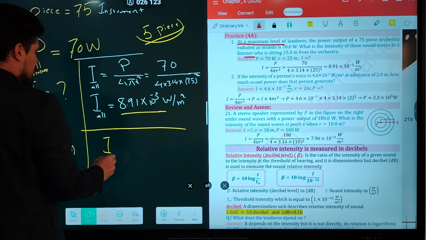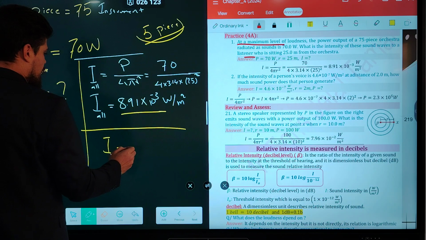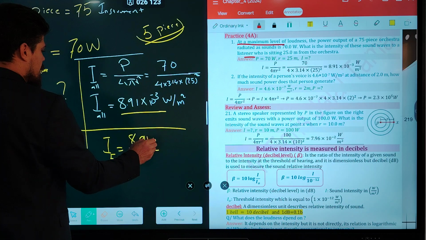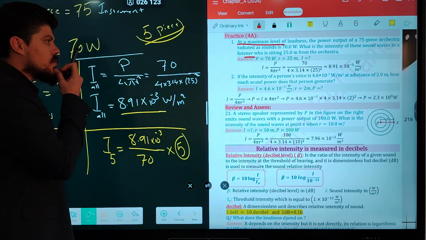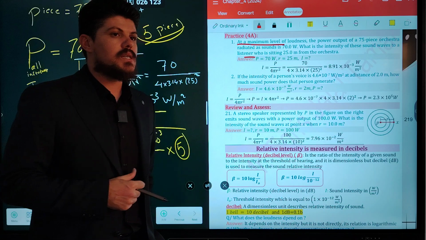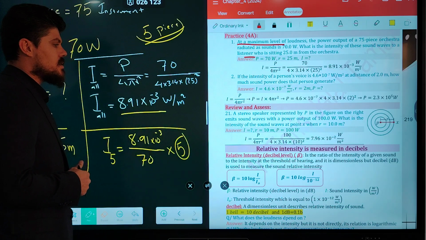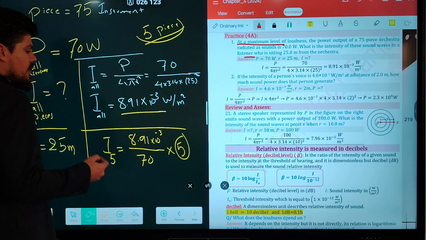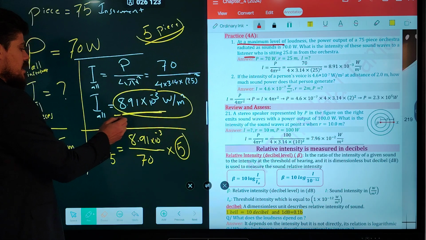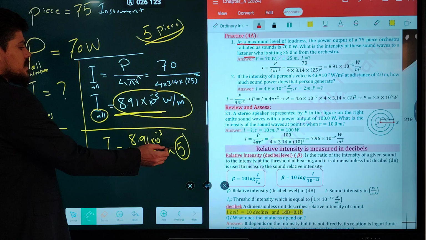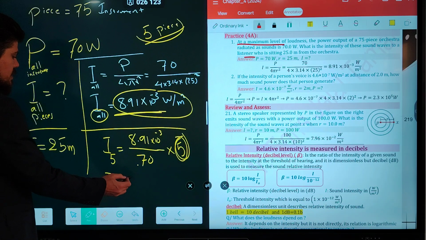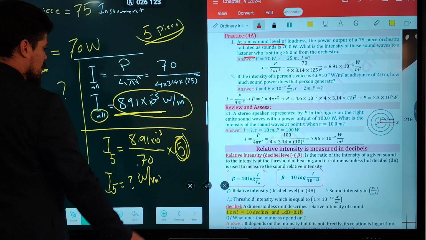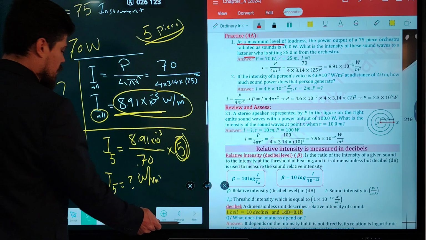The intensity for 5 pieces is equal to this number, 8.91 times 10 power negative 3 over 70 times the number of pieces that you want to find. If the question asks us to find the intensity of sound for 10 pieces or 5 pieces, to find for 5 pieces, you have to divide the final result for all of them by 70, times what? Times 5. In that case, you will get the intensity only for 5 pieces, equal to something watt per meter squared. This is question 1 in practice 4a.